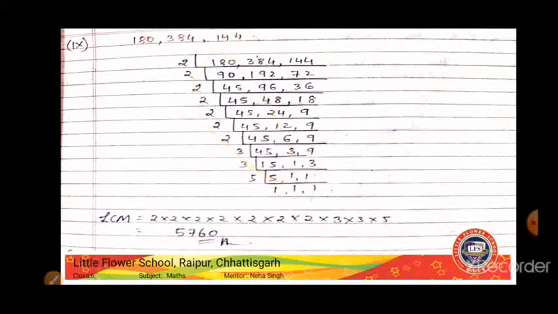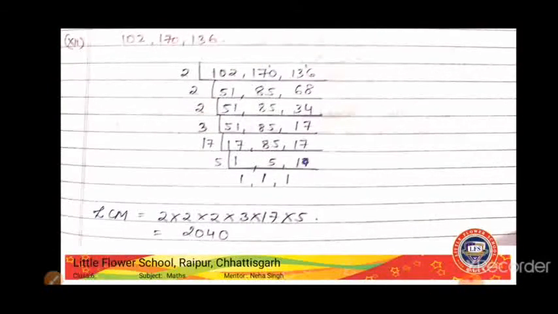Like all the other questions till now, we'll divide, and then to find the LCM, we'll find the product of all the numbers given here, right? See here, I have multiplied the numbers and I've got the product, got the LCM.